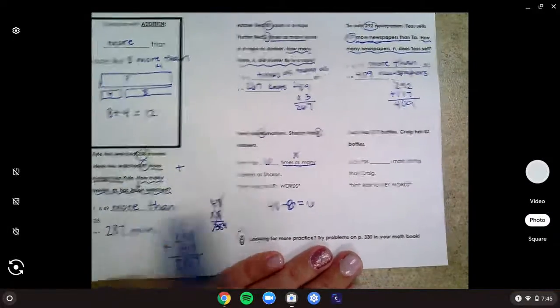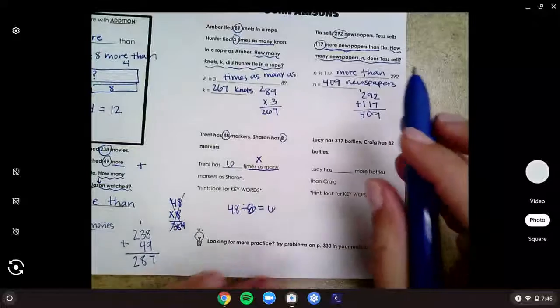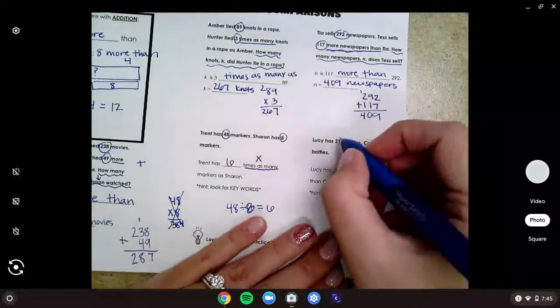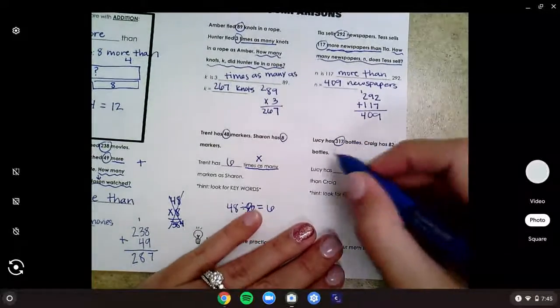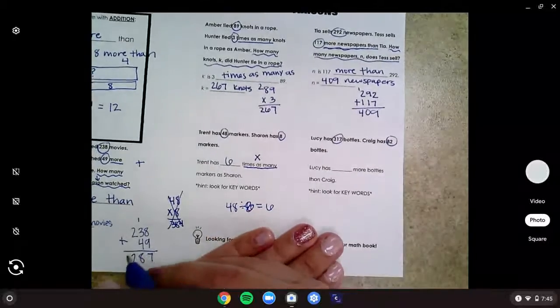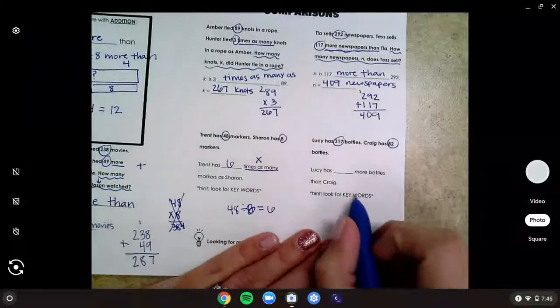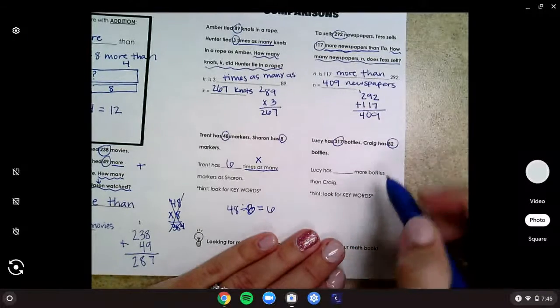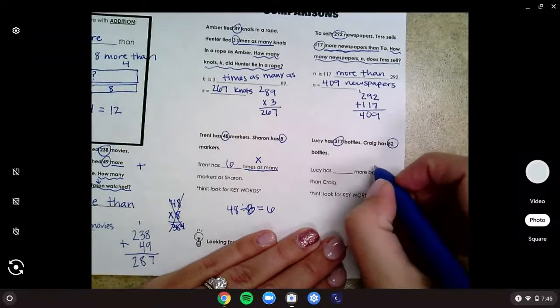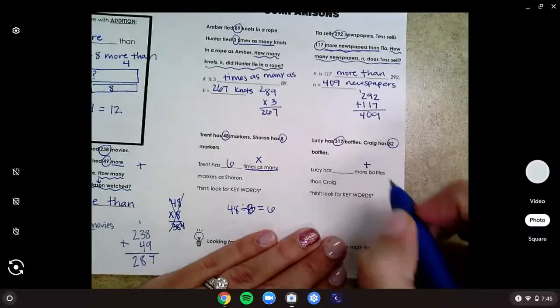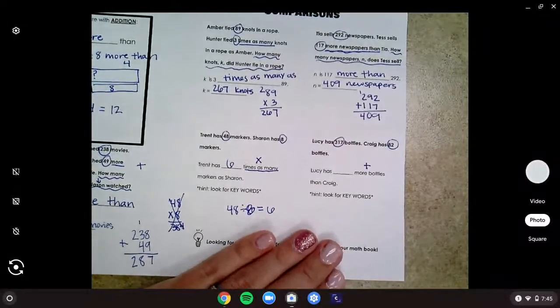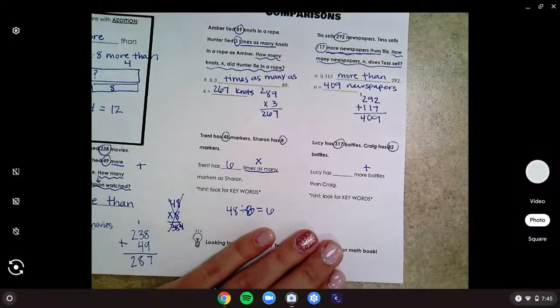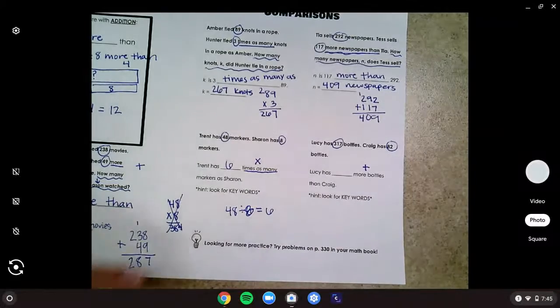All right, and the last one. Lucy has 317 bottles. Craig has 82 bottles. Now looking for keywords. Lucy has blank more bottles than Craig. Well, more than tells us that it's something to do with addition. But this time we're trying to figure out how many more.